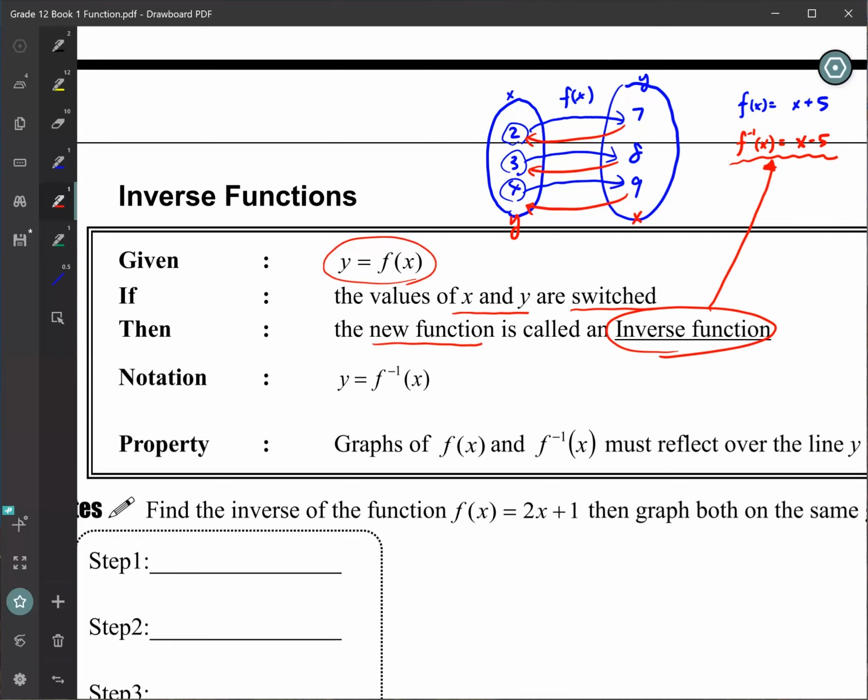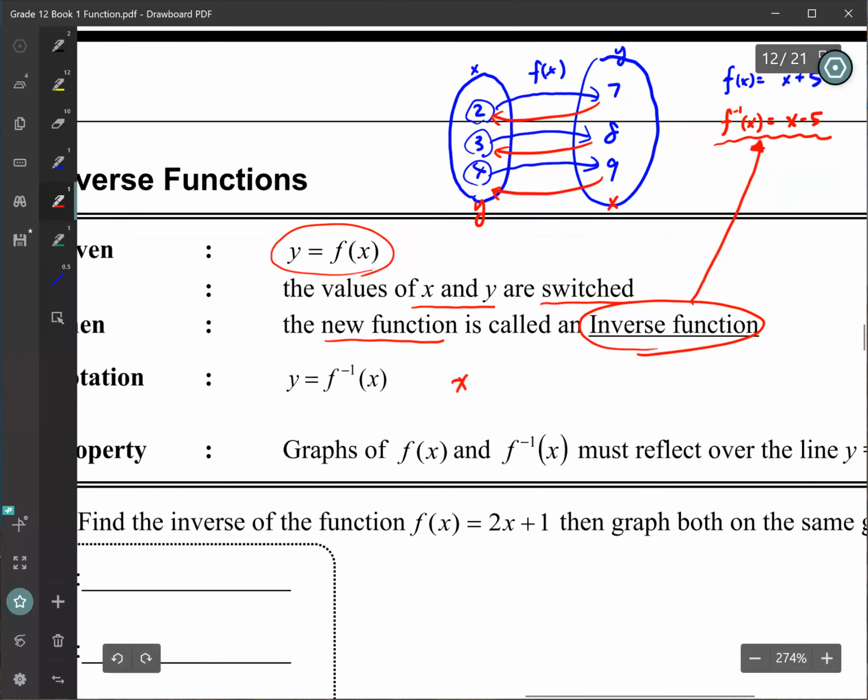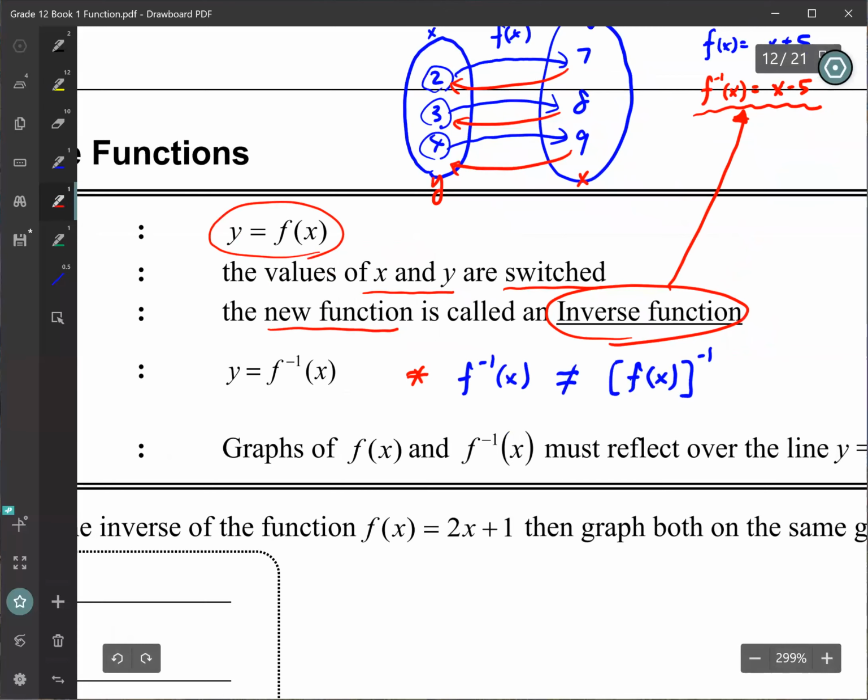And the notation, you have already seen it, right? With a -1. So this little -1, make sure you make a note on the side. F inverse of x, this is how we say it, is not the same as f of x with a -1. That little -1 is not an exponent.